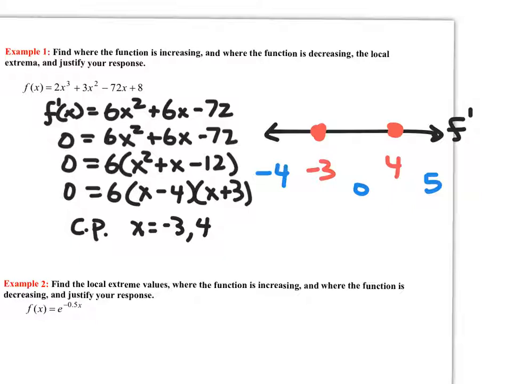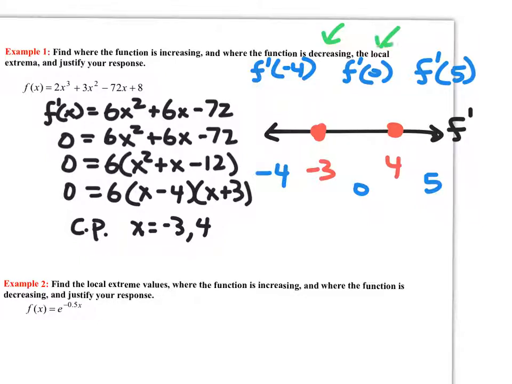So what we'd do here is we'd test each of these. Plug them into the derivative. And what we're looking for is where the function is decreasing, any local extrema, and justify our answer. I'll come back with an answer in a moment.